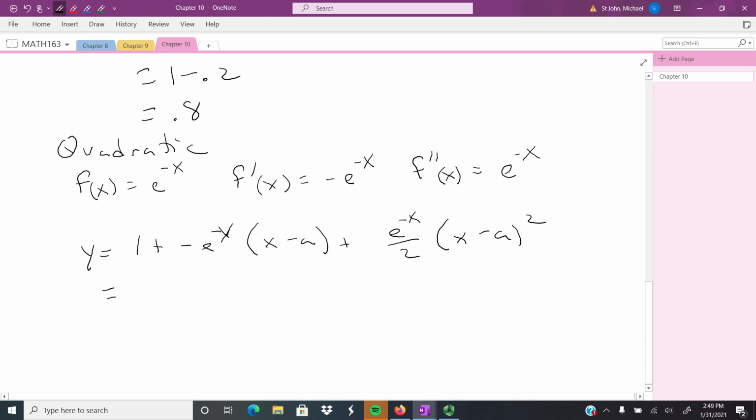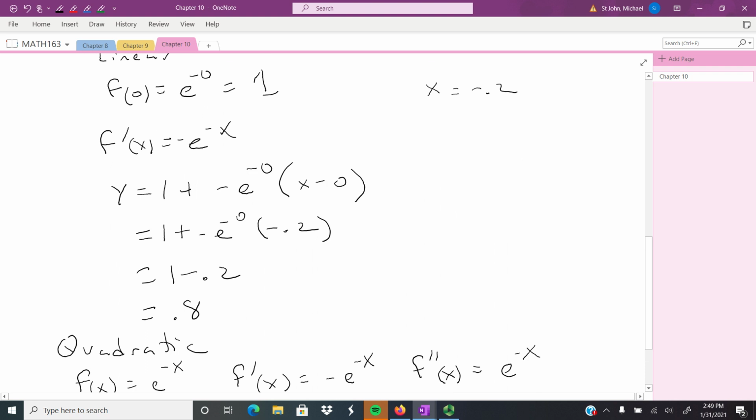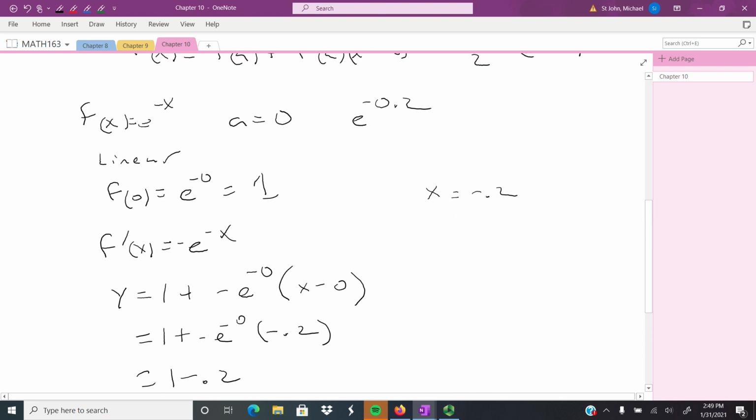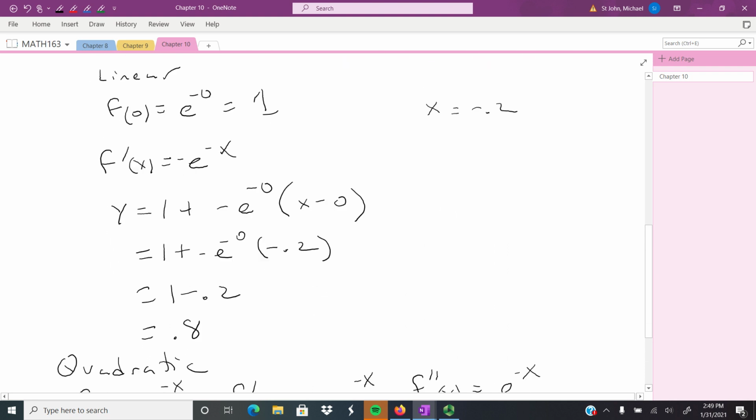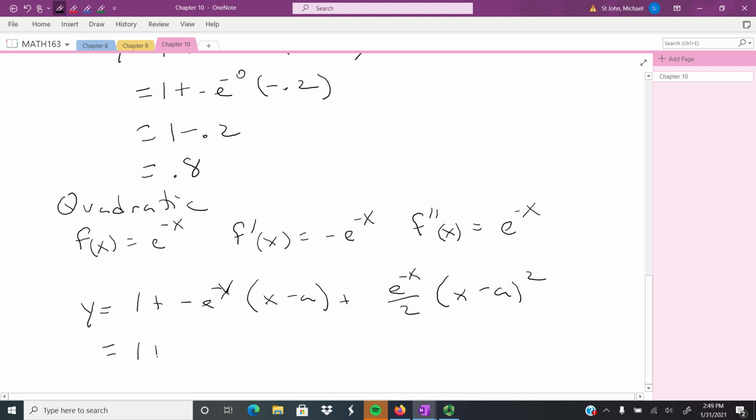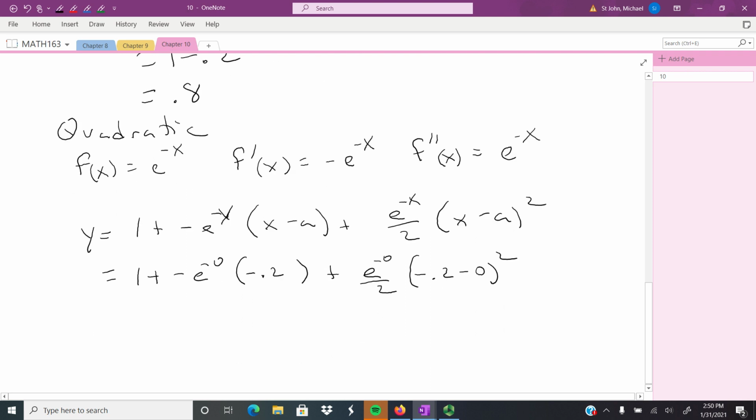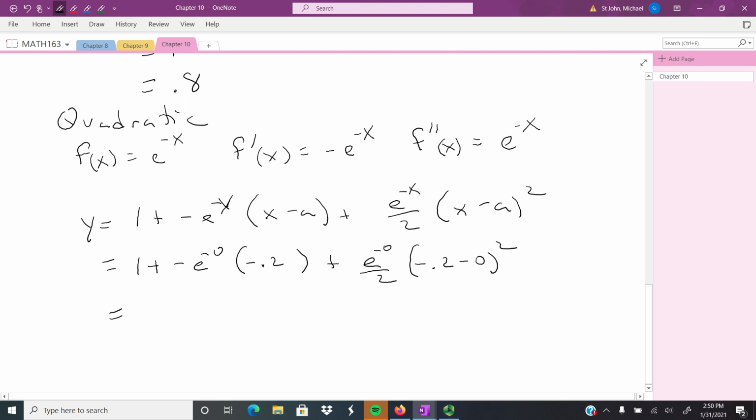We got 1 plus minus e to the minus 0, and this is going to be minus 0.2, plus e to the minus 0 over 2 times minus 0.2 minus 0 squared.